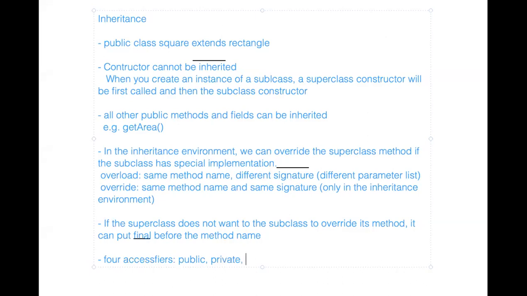Then the third one we have protected, and the fourth one will be default. It means you don't have any access modifier. So today I will start with the comparison between these four different access modifiers, and we will see those things. Okay, so far so good.